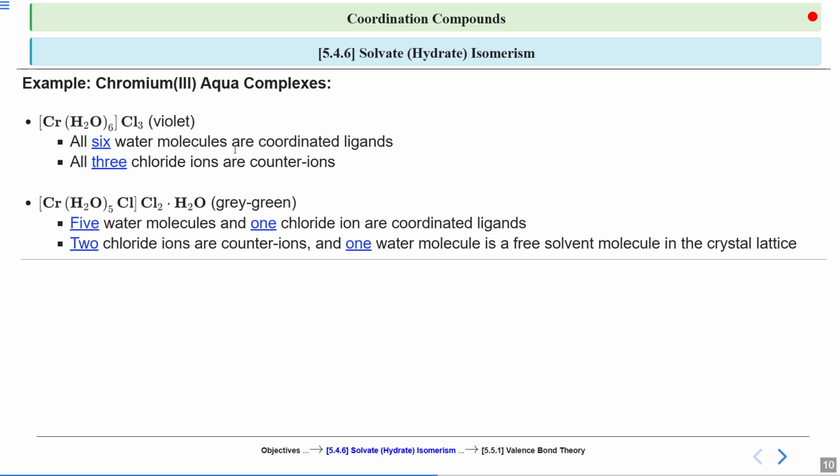That is the main difference between these two: their empirical formula is the same, but their arrangement is changing, and they are showing solvate or hydrate isomerism, right? One of the ligands swapped its place with one of the counter ions, and the counter ion became the coordinated ligand, and the ligand became either a counter ion or a free solvent molecule in the crystal lattice.